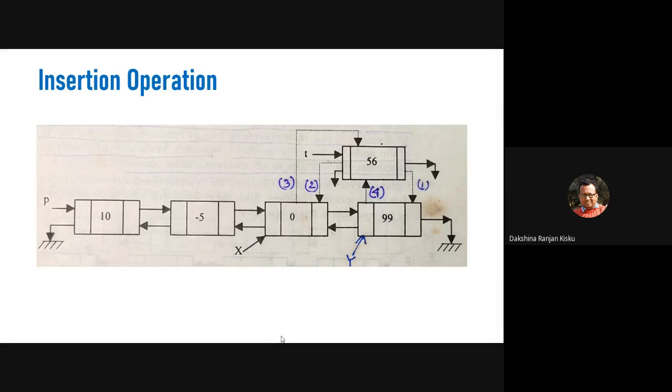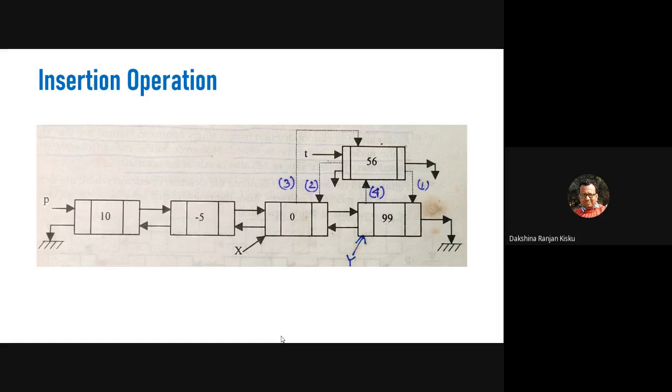So from the diagram we can say that we will update the T right first to the Y, and then T left. The new node has a left pointer and right pointer which are not yet pointing to the preceding node as well as the last node. Having this condition, we can first update the link part of the new node, so we can update the right pointer of the new node.